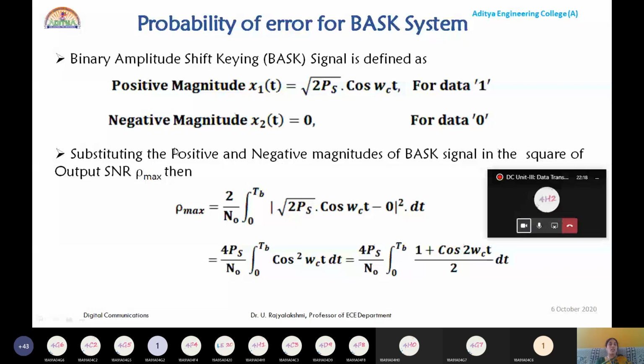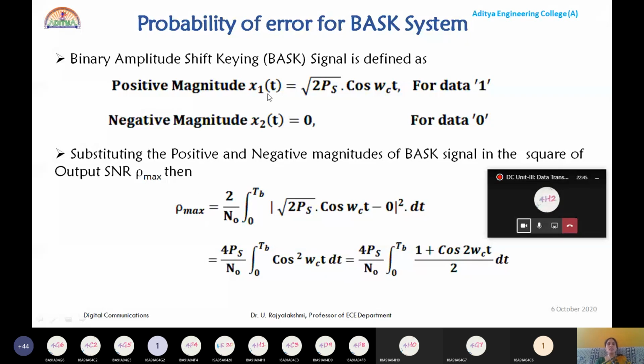Now please substitute the positive and negative magnitudes of the binary ASK signal in the square of output SNR, that is, in rho max. Please solve and tell me how much value you will get.